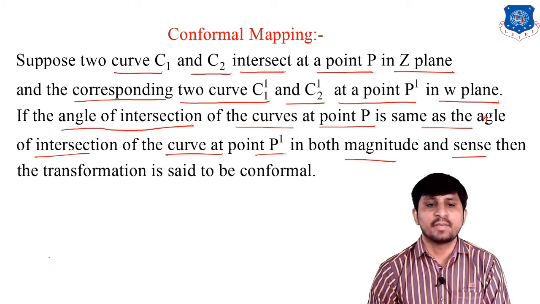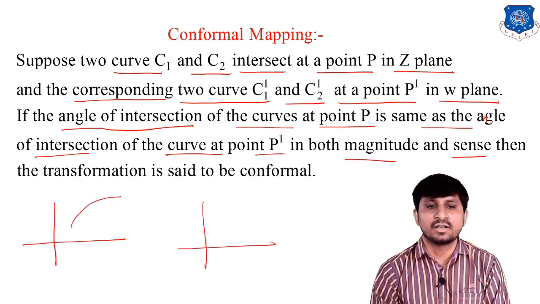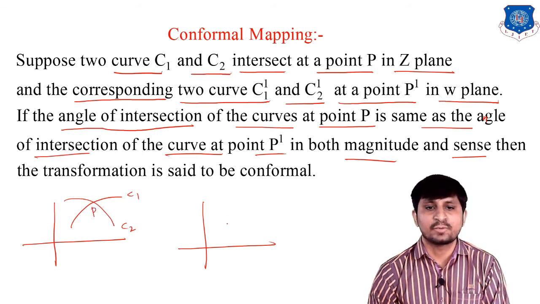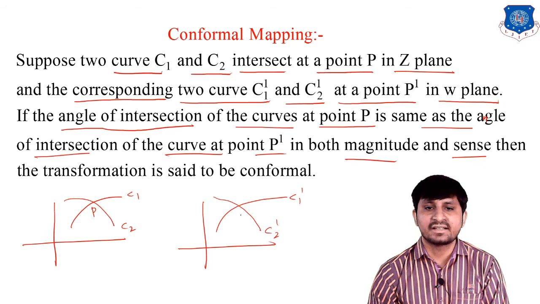That means geometrically, suppose this is our Z plane and this is our W plane, and there are curves C1 and C2 which intersect at point P, and corresponding to C1 and C2 we have images C1 dash and C2 dash, and the intersecting point is P dash.